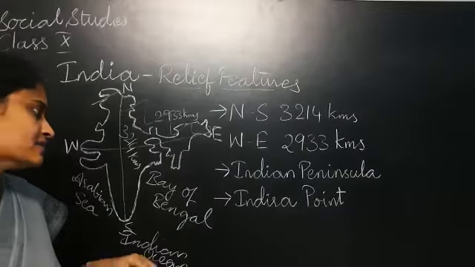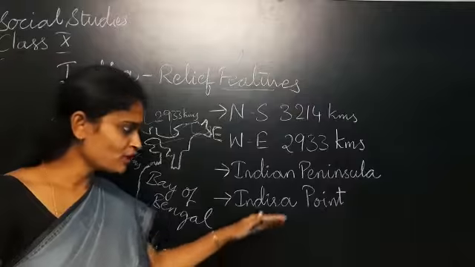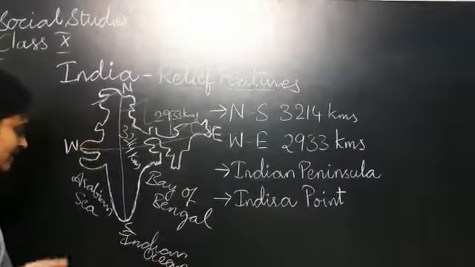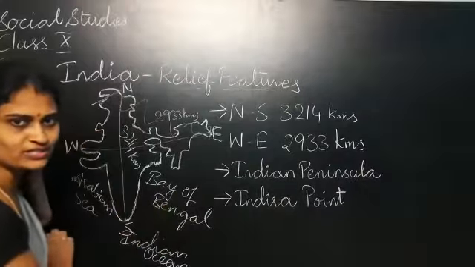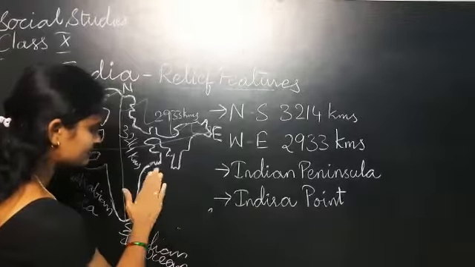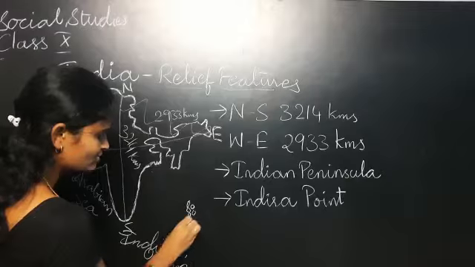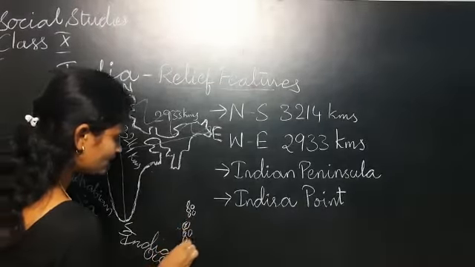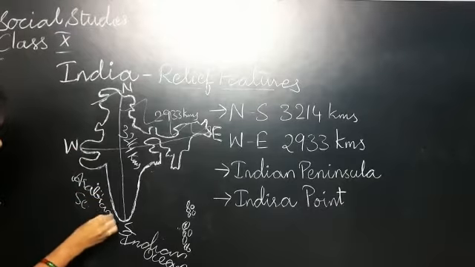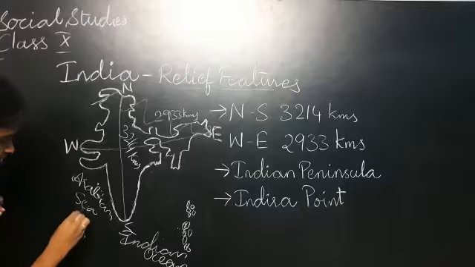Okay, and the next one is Indira Point. Before going to know about this, let us see what islands are located here in the water bodies. In Bay of Bengal, Andaman and Nicobar Islands. Here, islands are located. Which islands? Andaman and Nicobar Islands, and here Lakshadweep Islands.